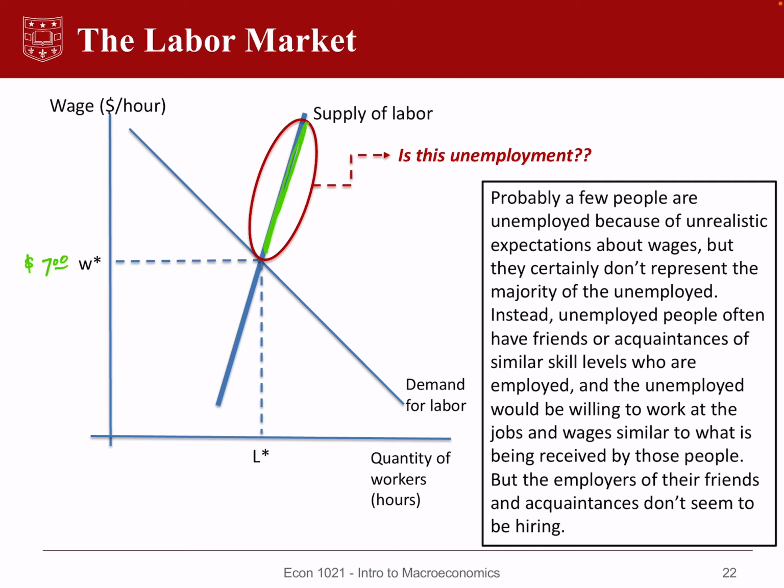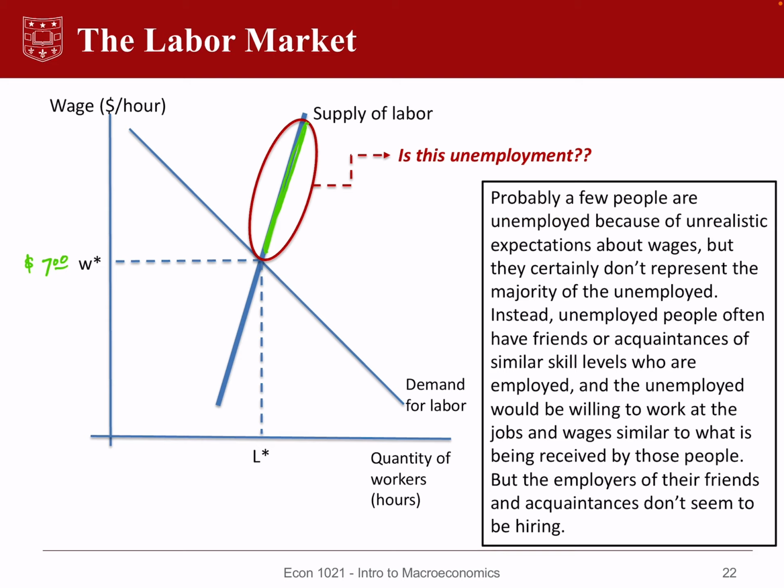So, probably there are people who are unemployed because of just unrealistic expectations about wages. In other words, they can't process that the equilibrium wage is, say, in this example, $7 per hour. But that doesn't empirically represent the majority of people who are unemployed.